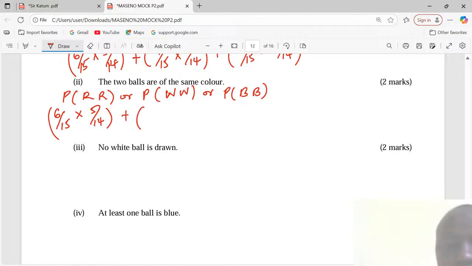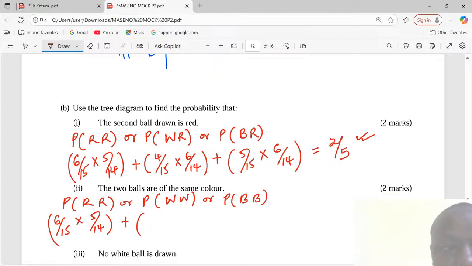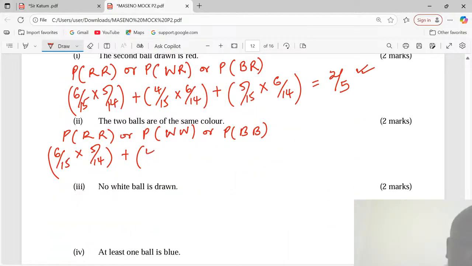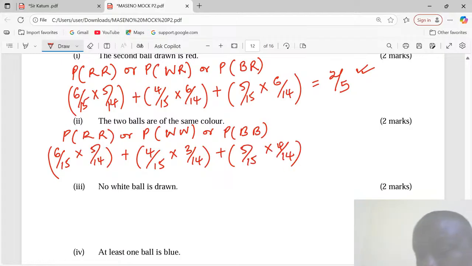Or white ones were 4 initially, so we'll talk about 4 out of 15, and in the next 3/14, or means addition, 4/15 for blue, then 3 out of 14 for the second time. Those are the probabilities.